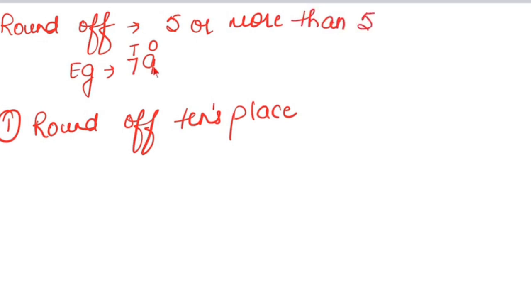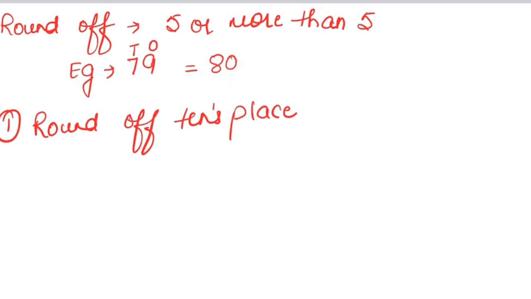Understood? So round off to the nearest tens, 79 is given. What will you do? It is more than 5, so 79 plus 1 is equal to 80. One more example I give you, like 74. So in 74, 4 is less than 5, so you have to put 0 there. It means 70.